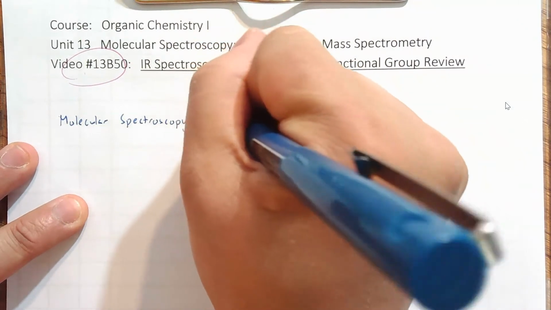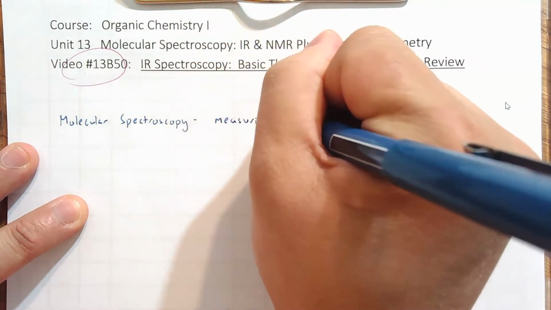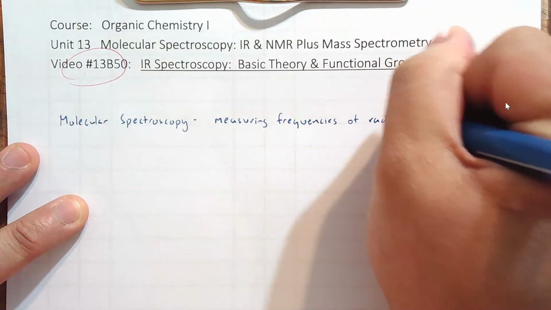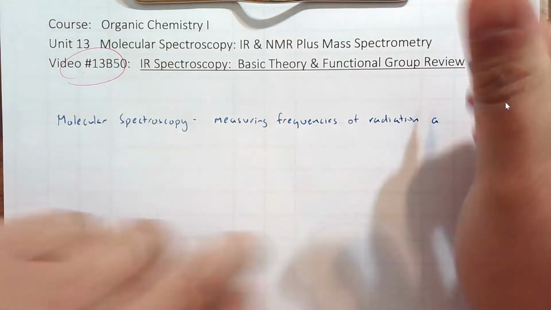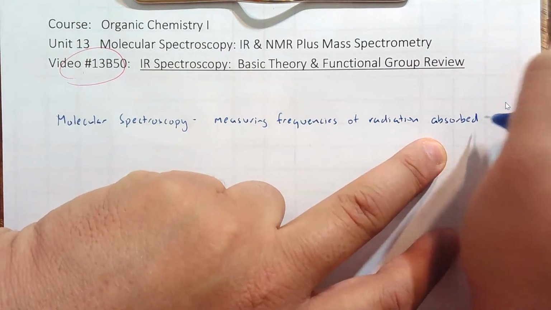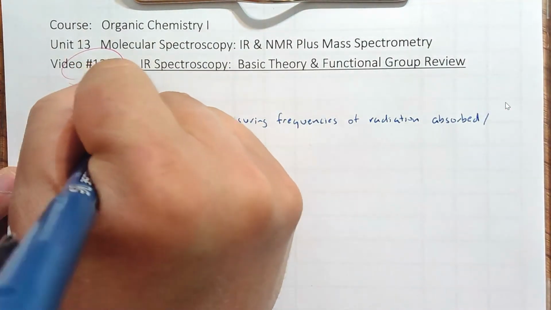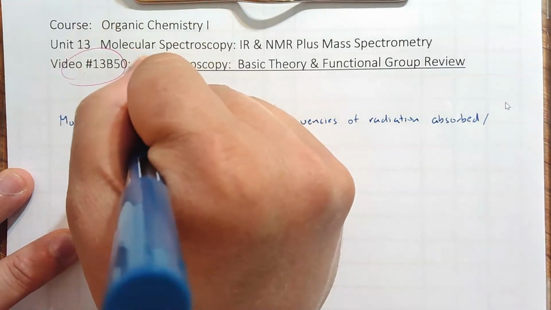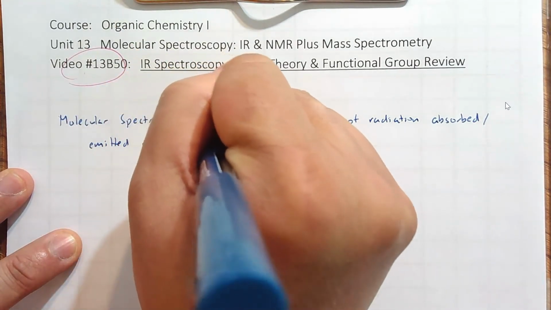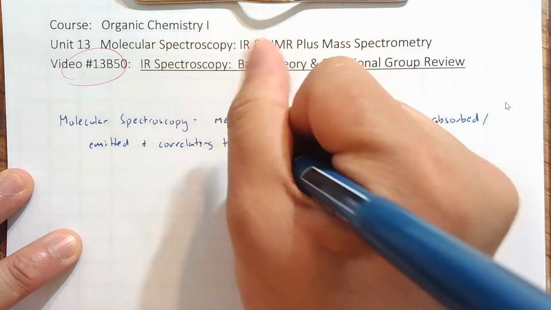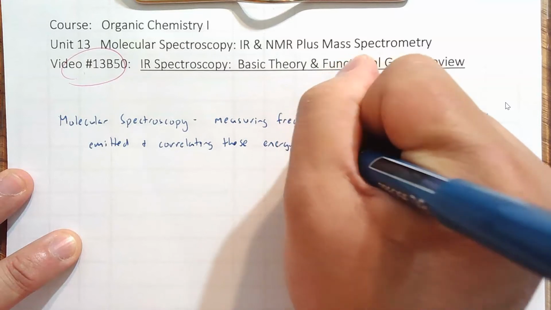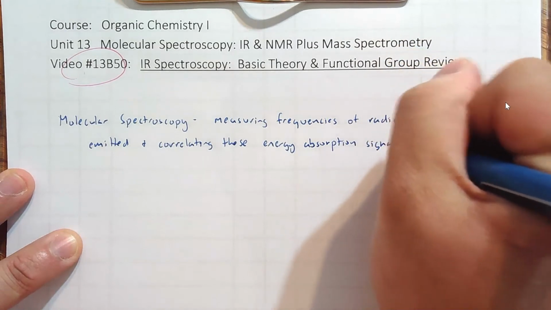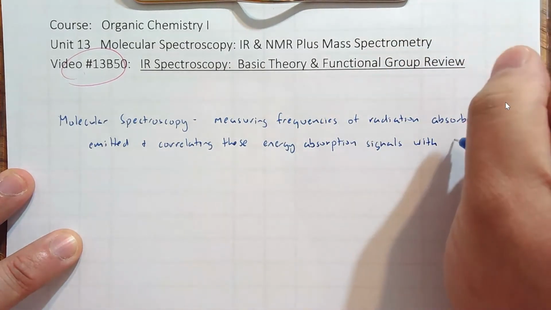It's measuring frequencies of radiation absorbed, typically, but sometimes emitted, and then correlating these patterns, or maybe we could even call them peaks or signals, with structure.